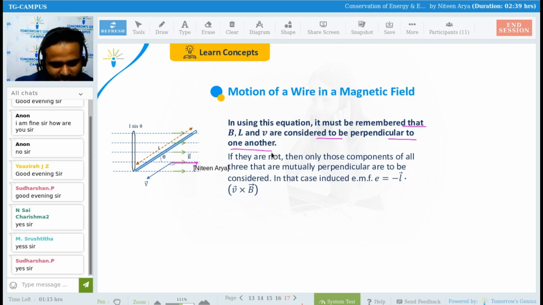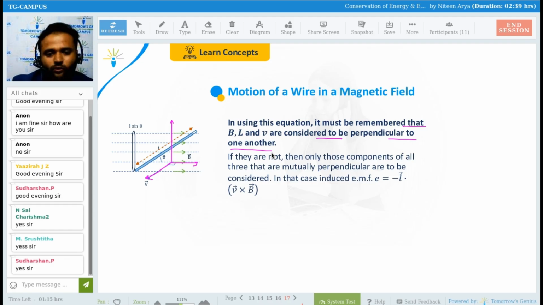Like magnetic field is in this direction, fair enough. This velocity is in this direction, good. So these are perpendicular, and this length is this. So this is your L sine theta. If I draw here, this is in this direction. So you can see that L sine theta, B and V are in perpendicular directions. Is this clear, beta, everyone?